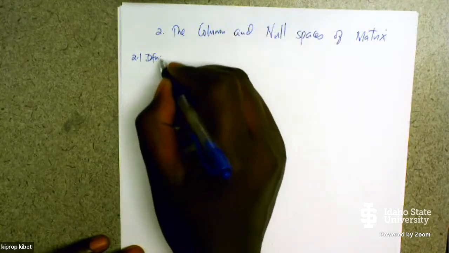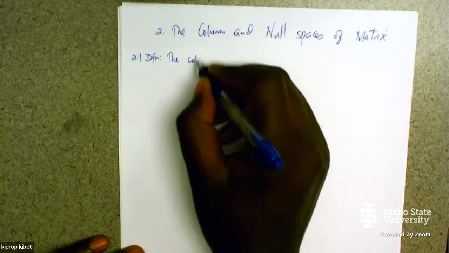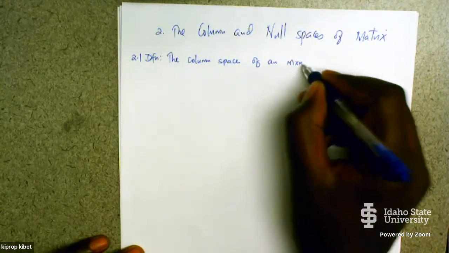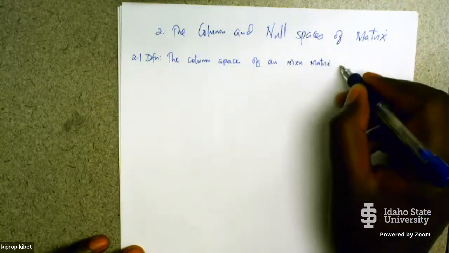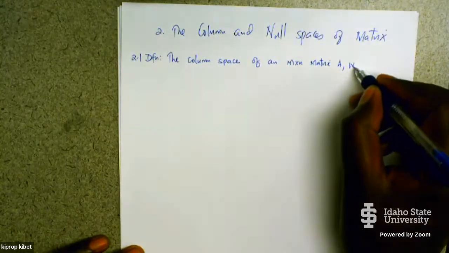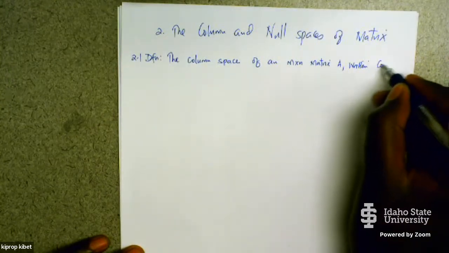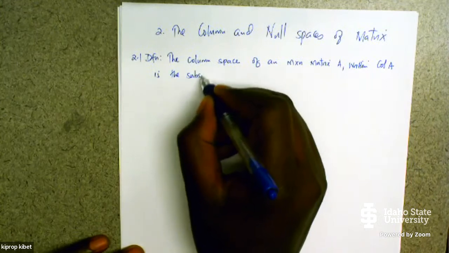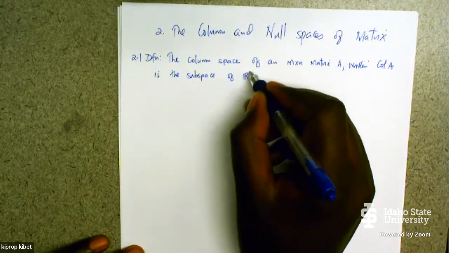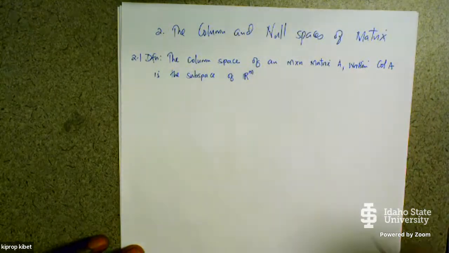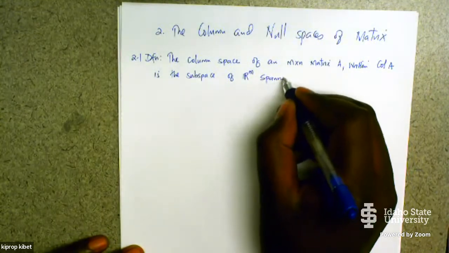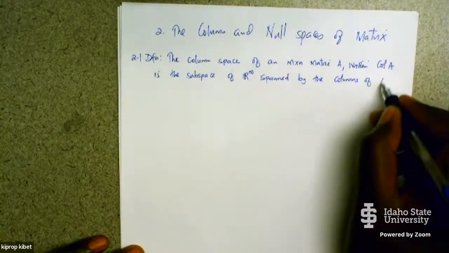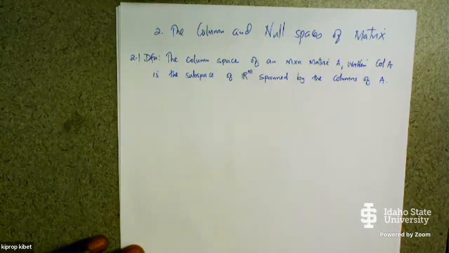Definition 2.1: the column space of an m by n matrix A, which we always write as col A, is the subspace of R^m spanned by the columns of matrix A.